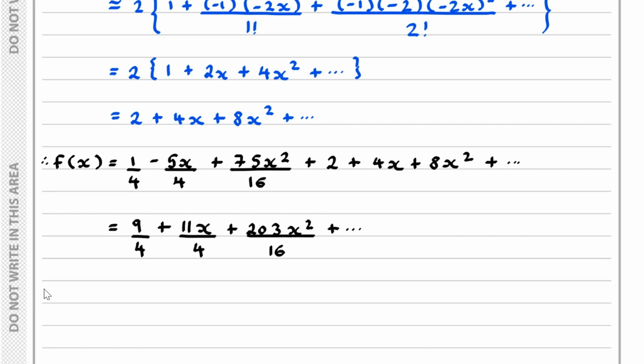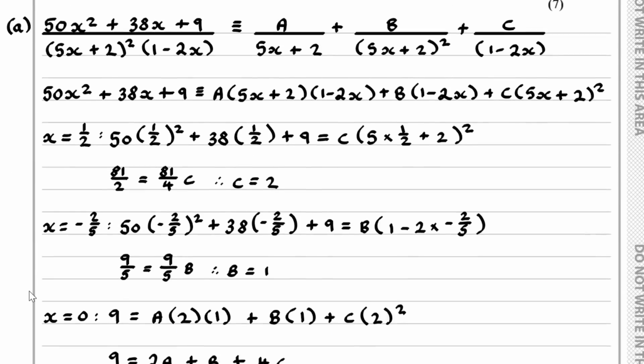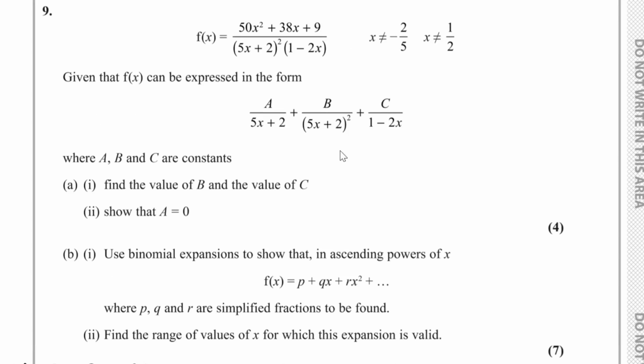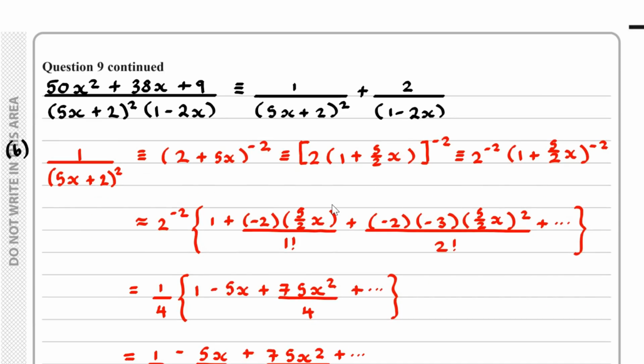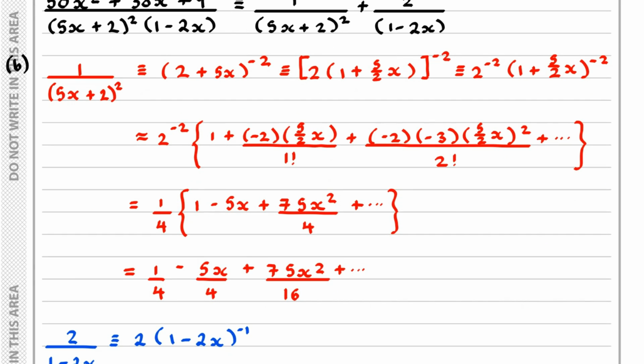And now we have to find out the range of values for which the expansion is valid. Well, if we take a look at what we had here, once we've factorized out everything, we've got the mod of x being less than 2 over 5.